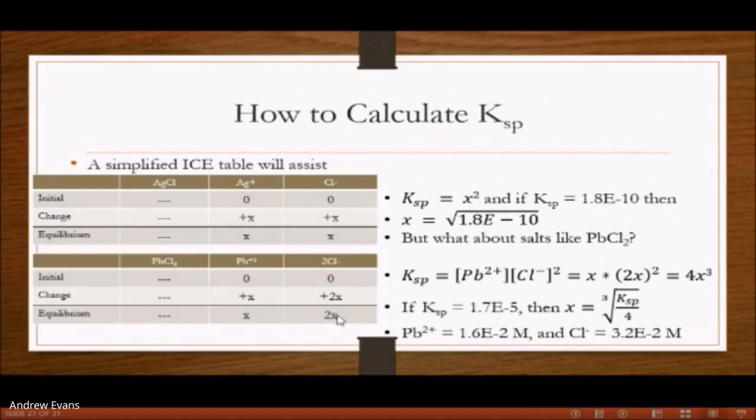So plugging that in, x times 2x squared, this whole thing becomes 4x cubed. So for the Ksp of 1.7 times 10 to the negative fifth, you would first have to divide both sides by 4, and then take not the square root, but the cube root of it.